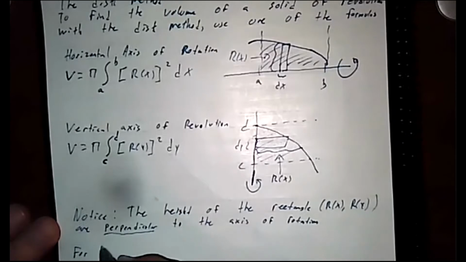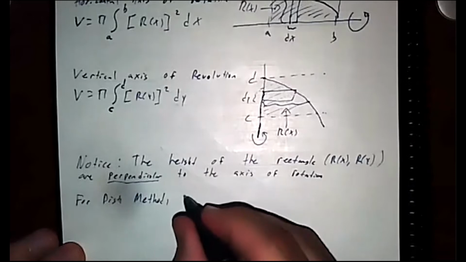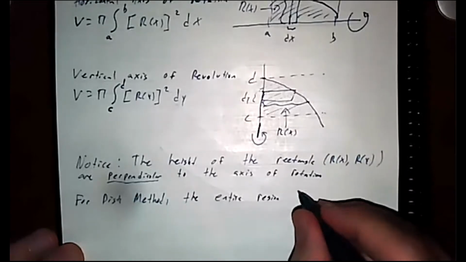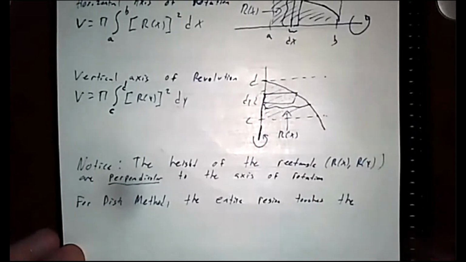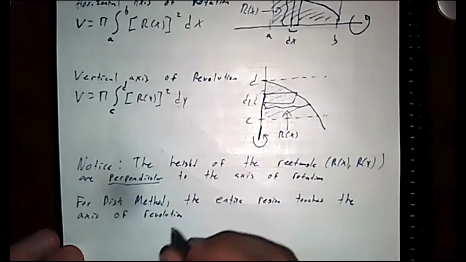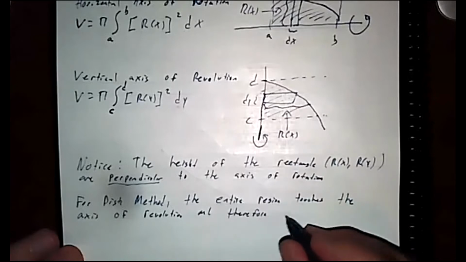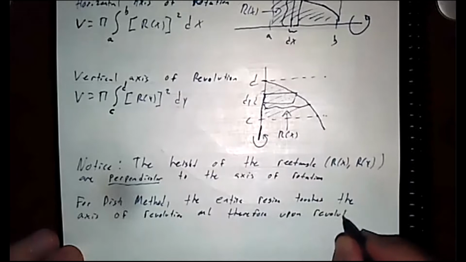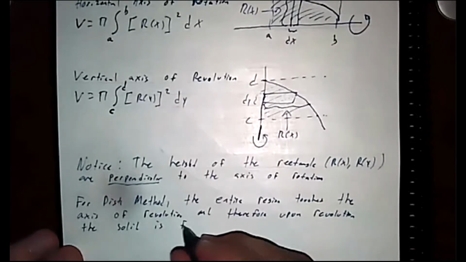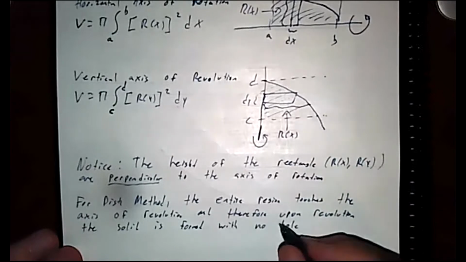For this method, the entire region touches the axis of revolution and therefore upon revolution the solid is formed with no hole or bowl kind of shape.